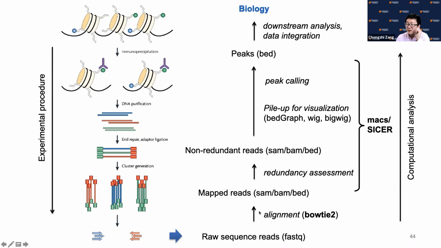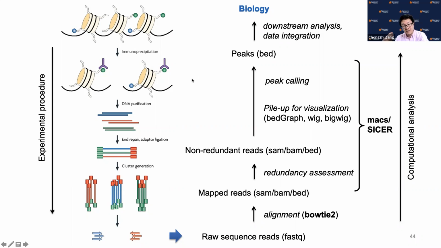So the QC at each step of the computational analysis reflects the quality of a certain step in the experimental procedure. After all, the end product of the bioinformatics analysis will reflect the actual biological information from the very beginning.